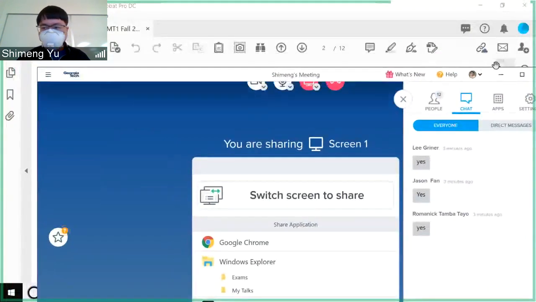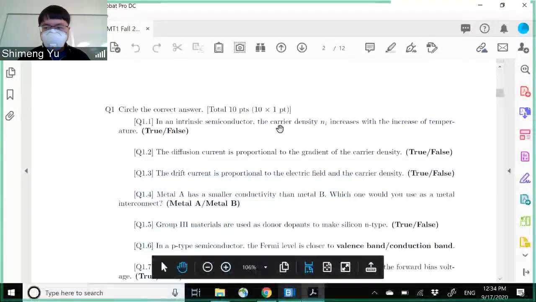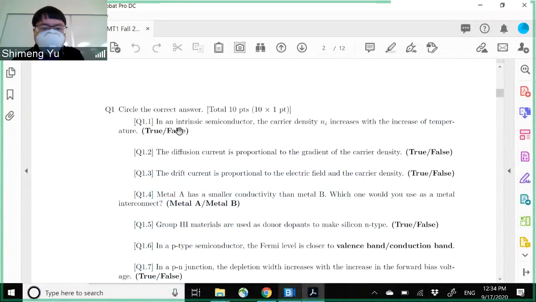The first statement here: in an intrinsic semiconductor, the carrier density Ni increases with the increase of the temperature. So is this true or false? I'll give you 20 seconds.